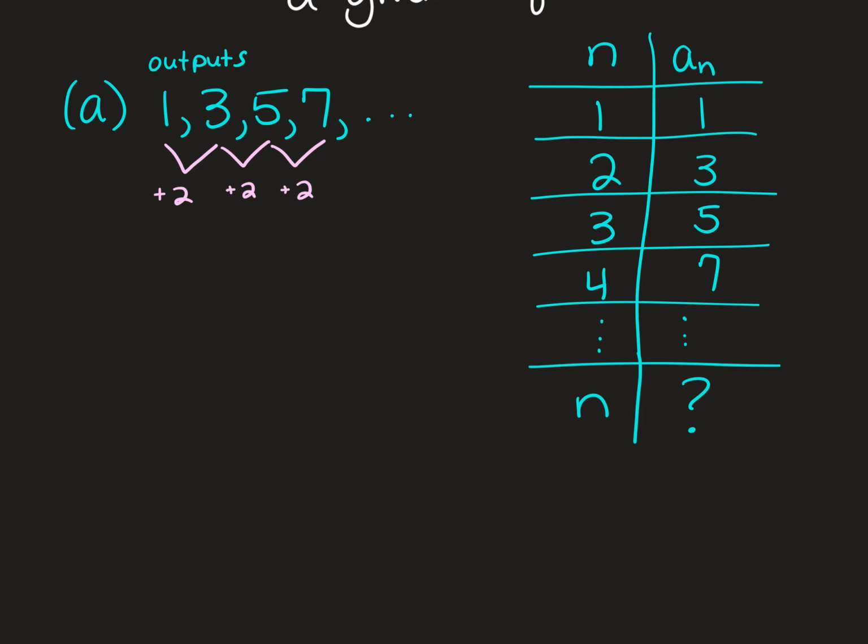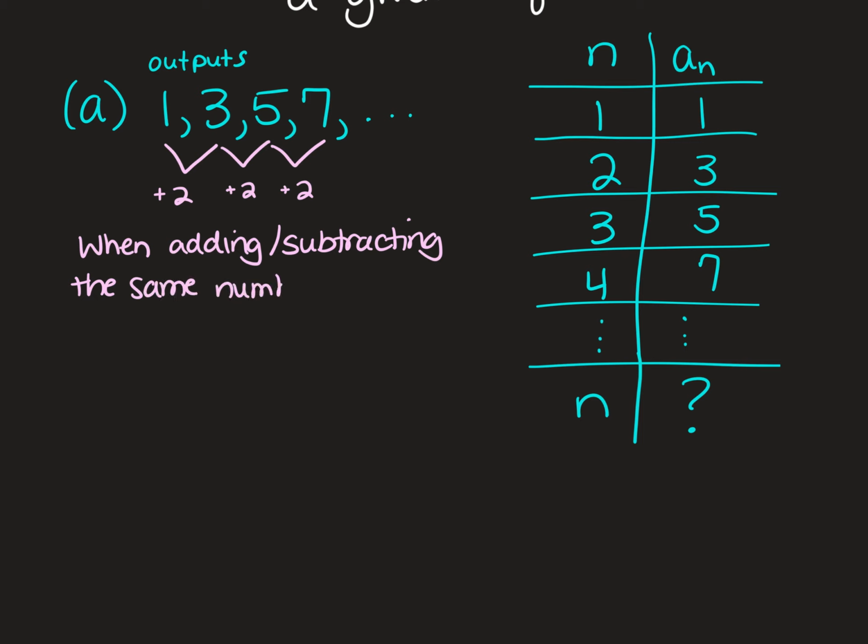That's really nice. That's just like what we talked about in that first example. When you're adding or subtracting the same number each time, that's going to allow you to write a linear, it's a linear sequence.